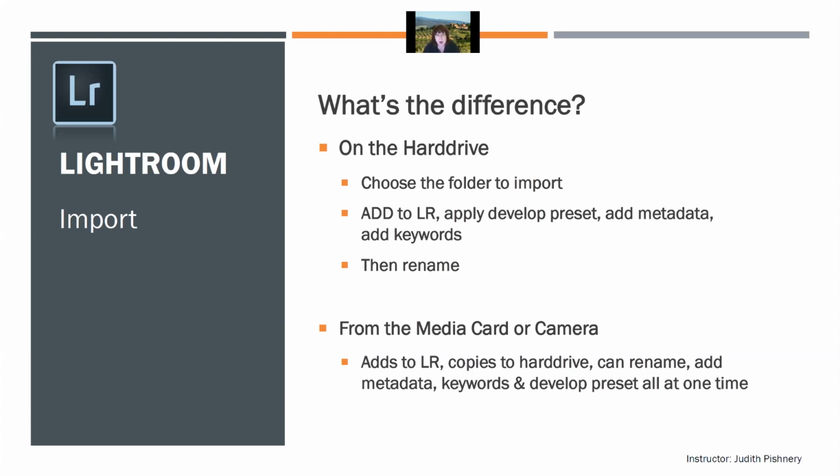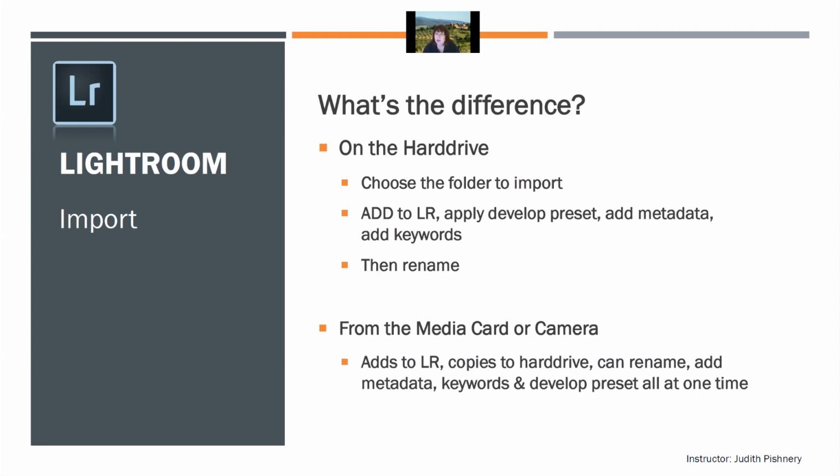If it's new work on the media card in the camera, you can either plug the media card in, or with a USB cable, you can plug the camera into the computer and download the images that way.